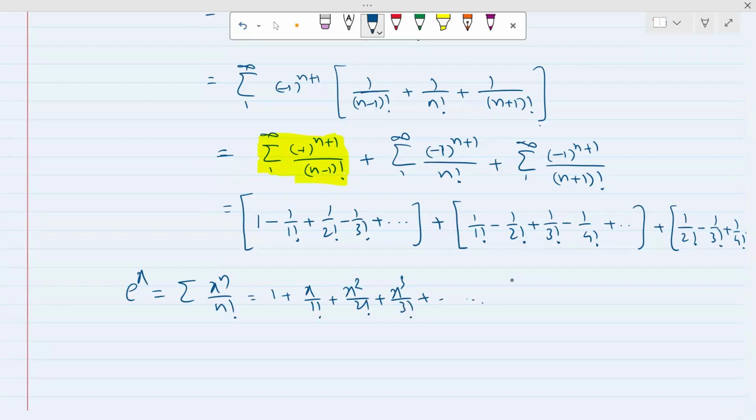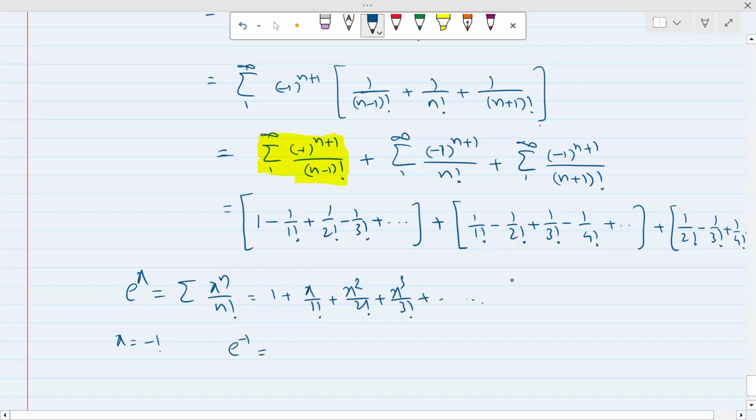So how will I get the first one? Replace x by minus x, then replace x by 1. So simply you replace x by minus 1. Yes, sir.